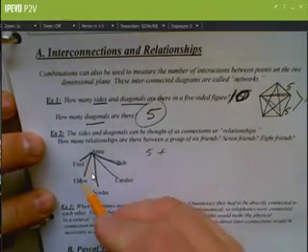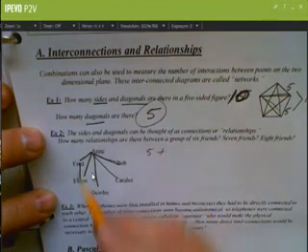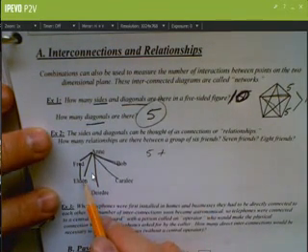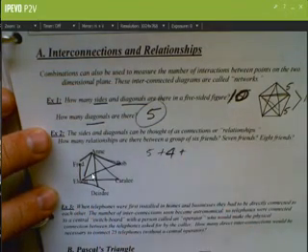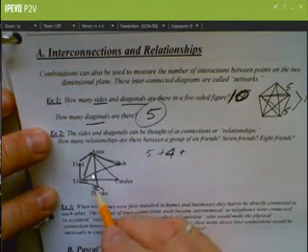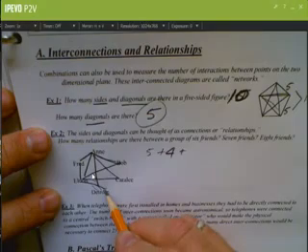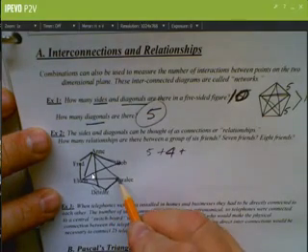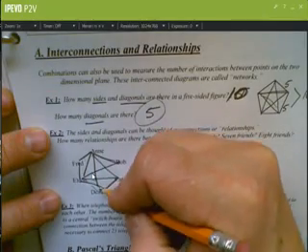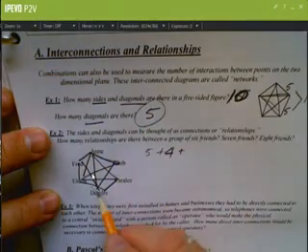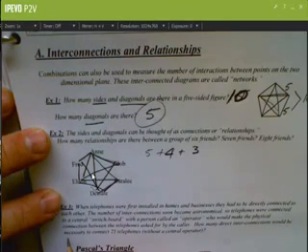So if we go over to Eldon here, he's already got his connection to Ann, so you'd add 4 more. Then you could go down to Deirdre here. We've already got Eldon, we've already got Ann, we don't have Fred, so 1, 2, 3 there.